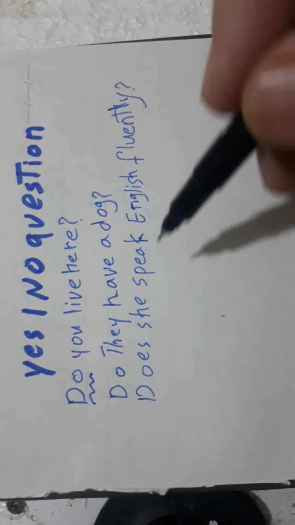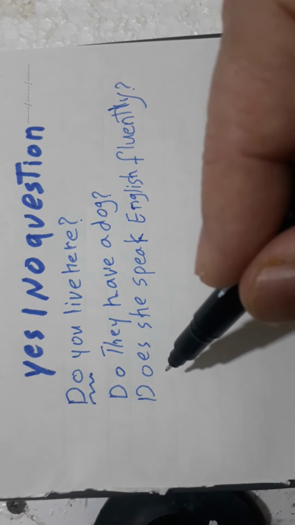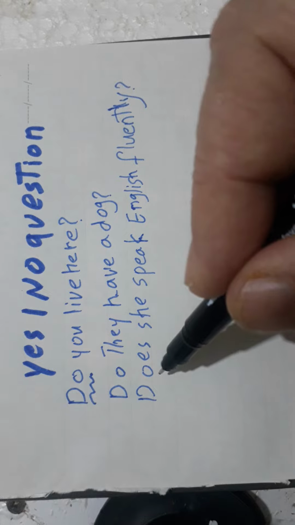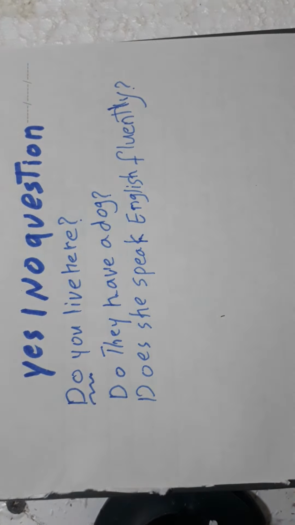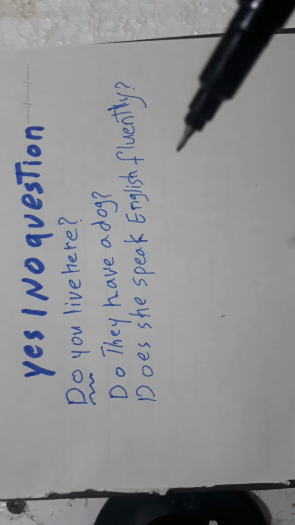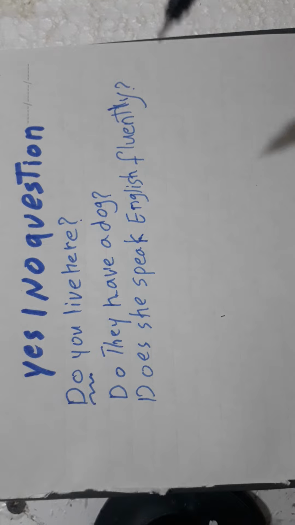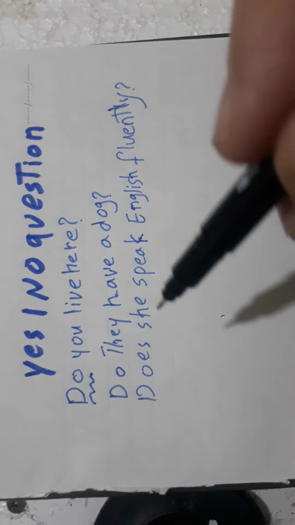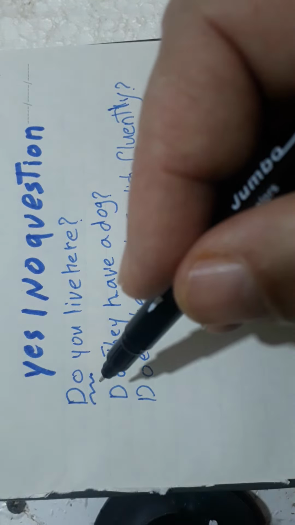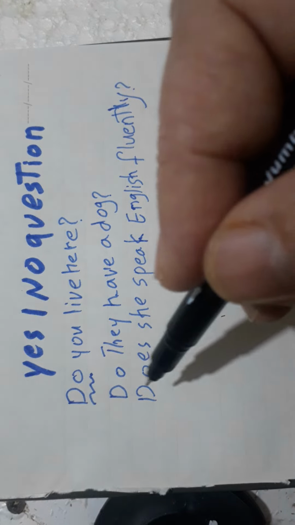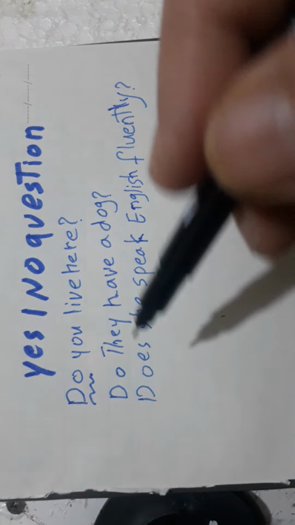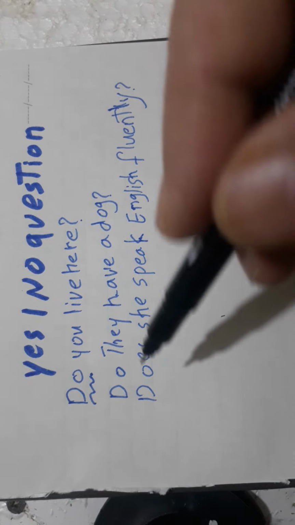Also, this is yes no question because it has started with do. So when we start with do, when we start with does, do you see? We can say that this is yes no question, a simple present tense yes no question. It has started with do or with does. Do and does, and you know that they belong to the auxiliary group.